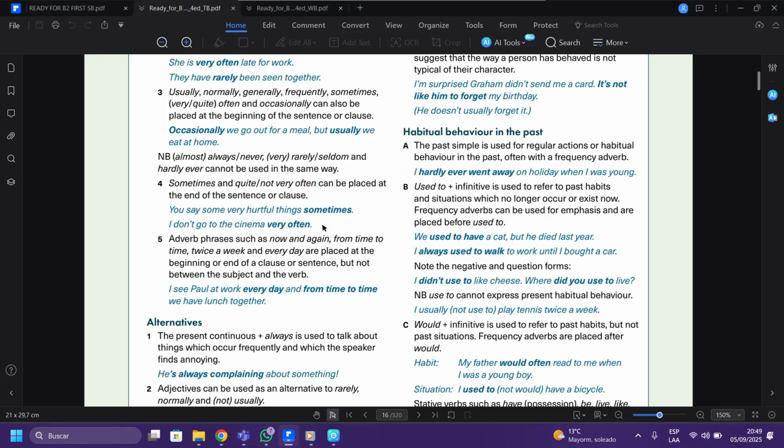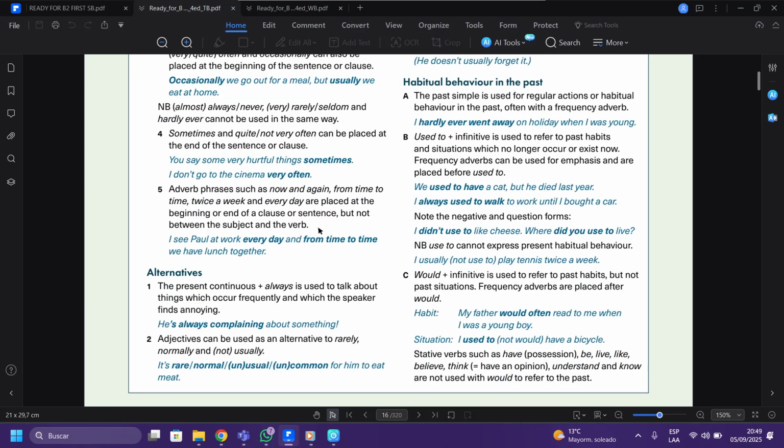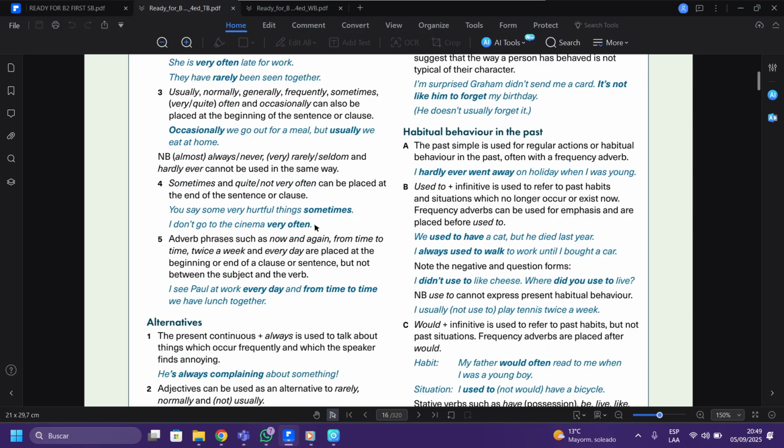The exercise number 4. Yes or no? Okay, I don't understand the question. Did you say that you didn't understand something about this part? The use of sometimes and quite.